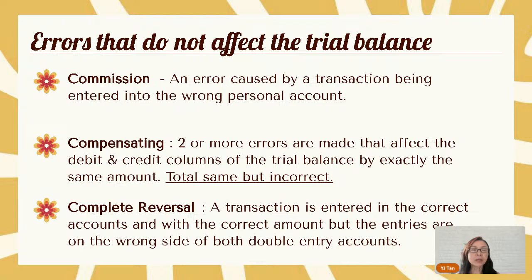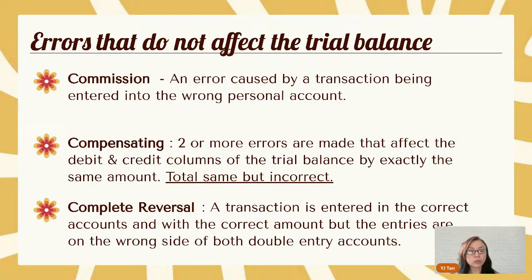For example, this particular credit sales transaction, you want to debit into, let's say, Bobby account, but you accidentally post it to a trade receivable account, which is, let's say, Benson. Because you made a mistake, you post into the wrong account.